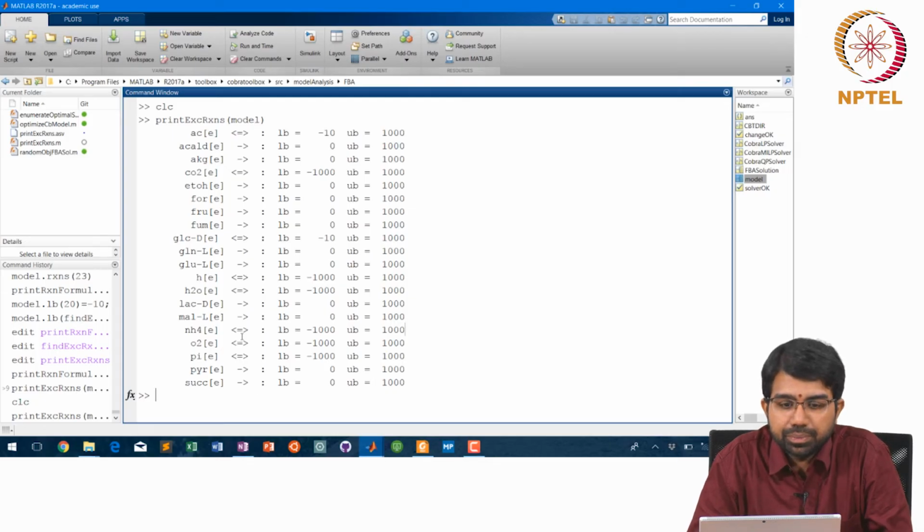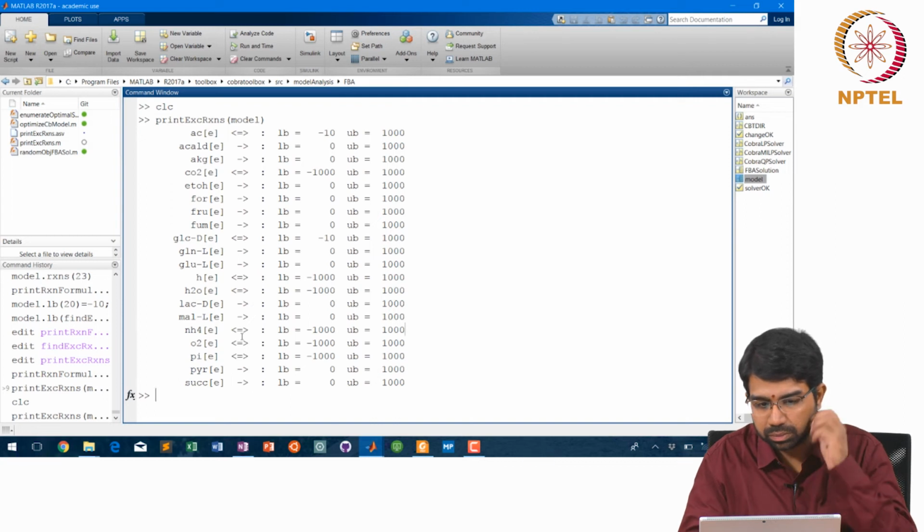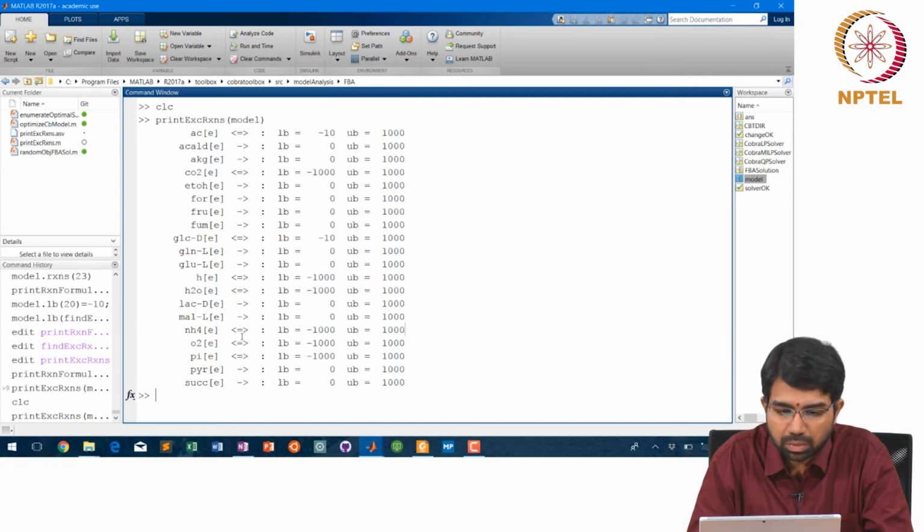Yeah. So, the biomass reaction had all the nutrients or reactants in certain ratios. If you change the LBs or the corresponding UBs of those fluxes, say you have 5 nutrients in the ratio 1 to 1 to 1.